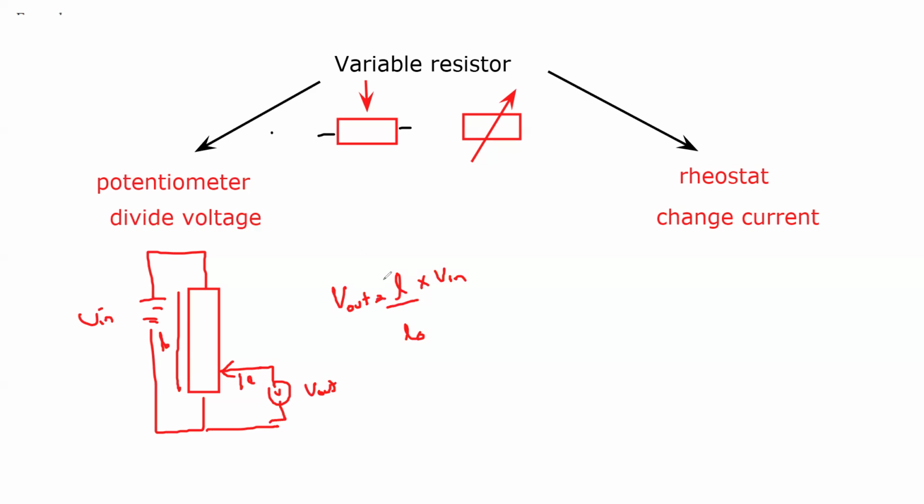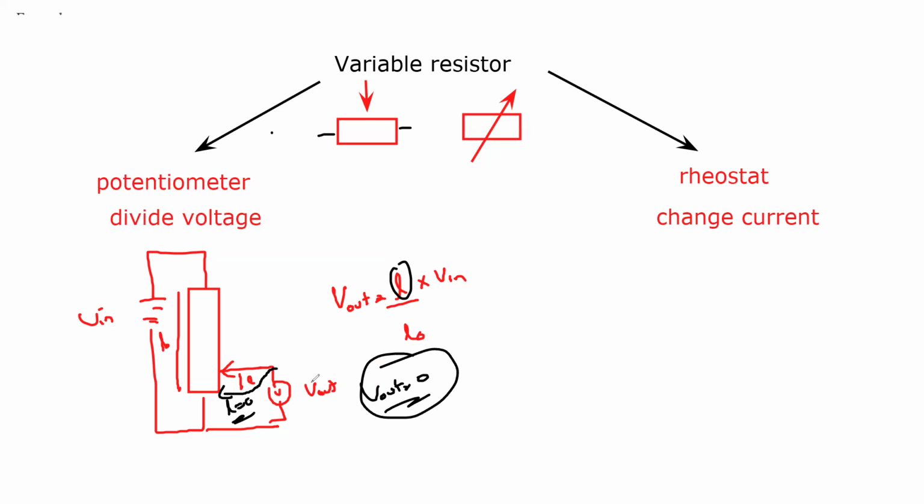Output voltage could be zero because if we move the sliding contact till the bottom, so this L is zero. If L is zero, this factor is zero, so the whole V out will also be zero.